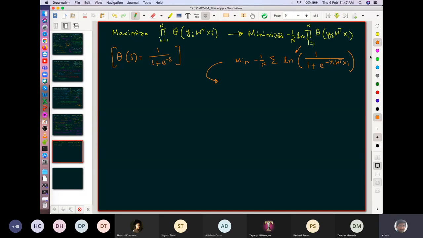This means I want to minimize. So let us take the minus sign inside every sum. Now see, I want to minimize this as my in-sample error. So this is my logistic regression.